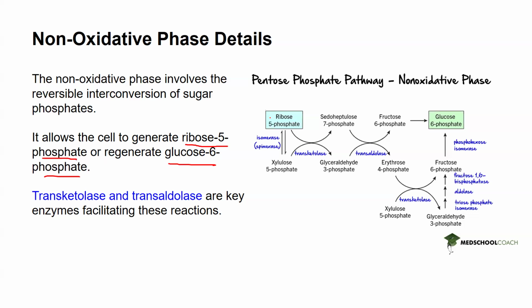So you see, the first thing, we have a step where ribulose 5-phosphate is generated in the oxidative phase. So that ribulose 5-phosphate will be converted into ribose 5-phosphate, and then this ribose 5-phosphate will now condense with xylulose 5-phosphate to generate sedoheptulose 7-phosphate and glyceraldehyde 3-phosphate using an enzyme called transketolase.